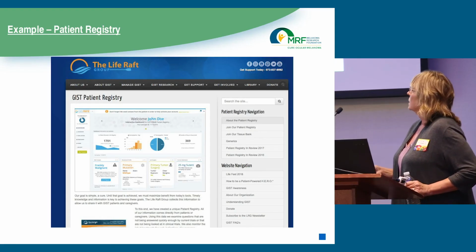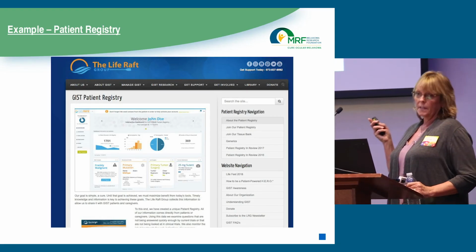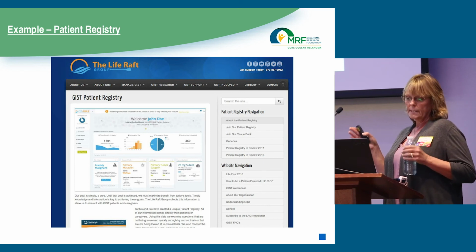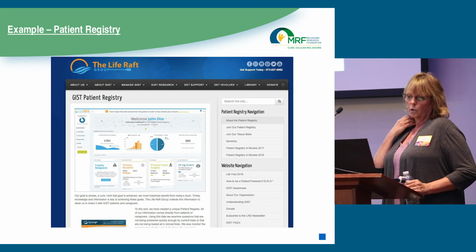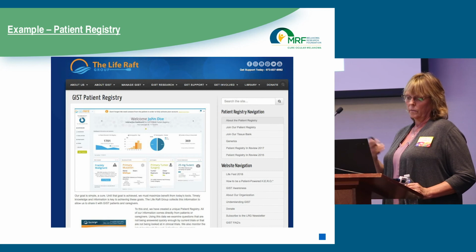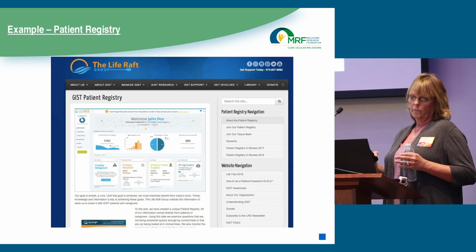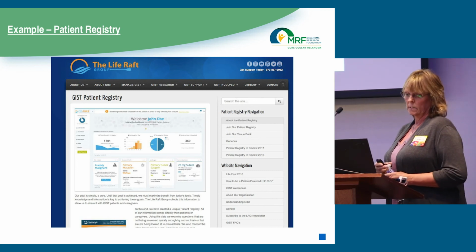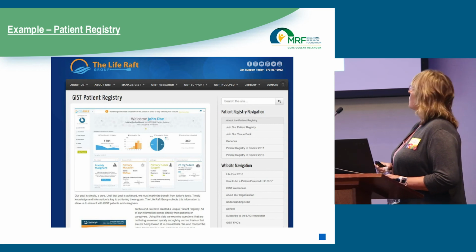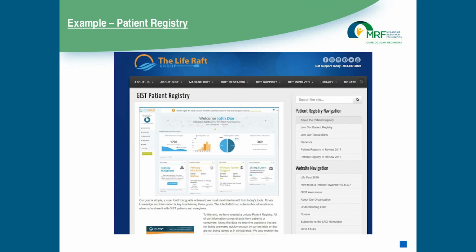So on this screen, like Chad had mentioned earlier, these are going to be sample graphs of the data that we'll get from the questions that are answered. This is from a different patient registry, but this is the type of information we are hoping that we can gather.